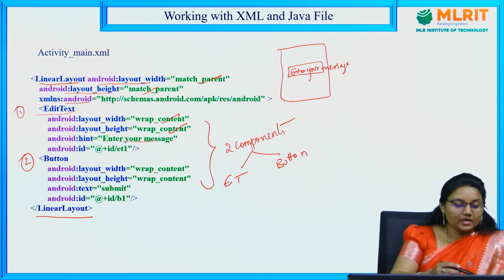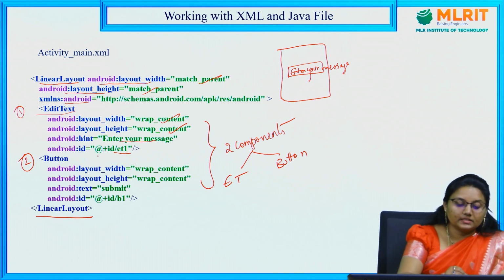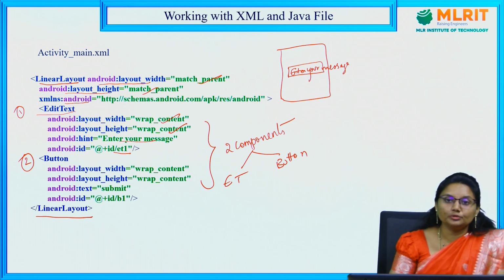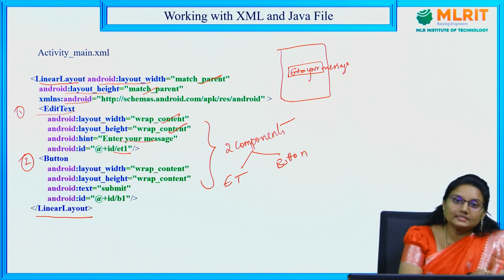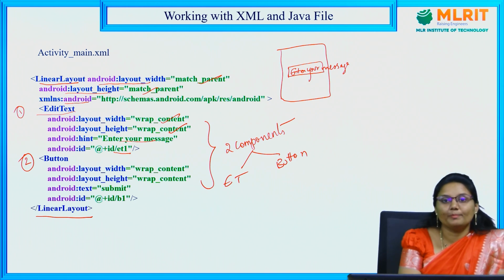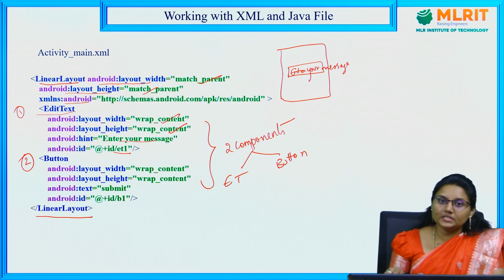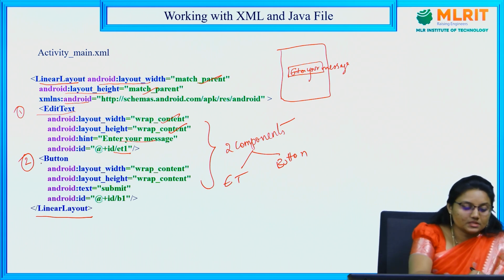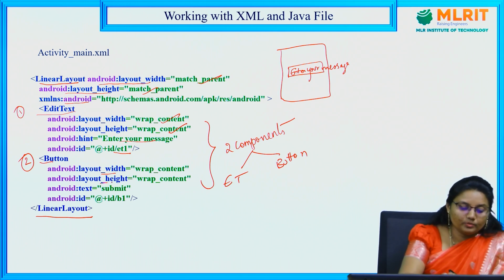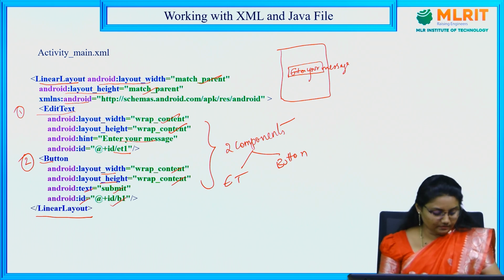Here we are giving only a single edit text, and that is the ID, ET1. Every component should be given a unique ID to extract it from activity_main.xml and use it in your Java program. This is a button using layout width, layout height, wrap content, and the text is submit, and the ID is B1 that we have given.